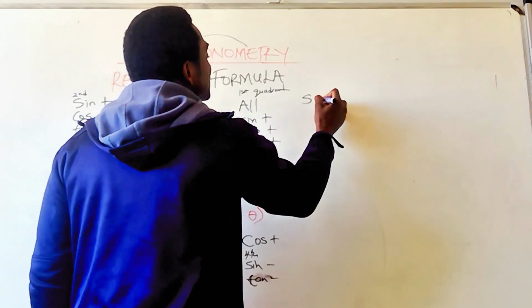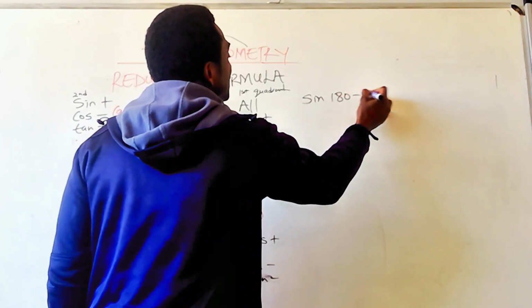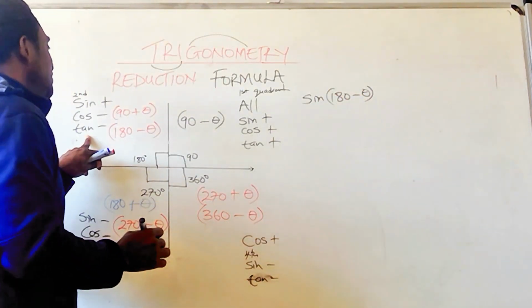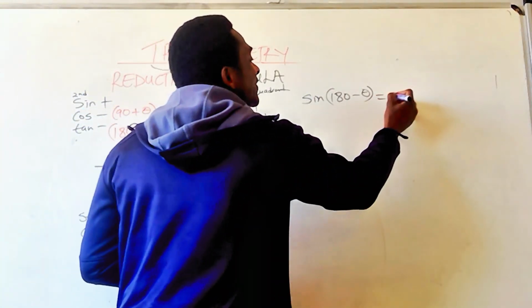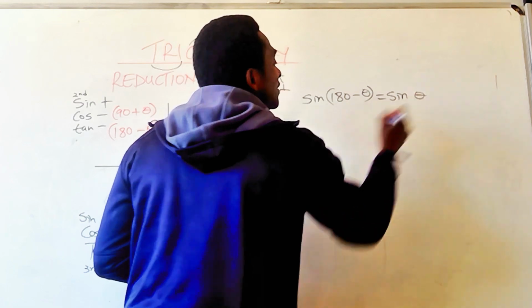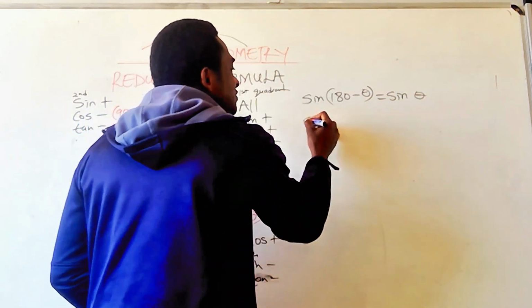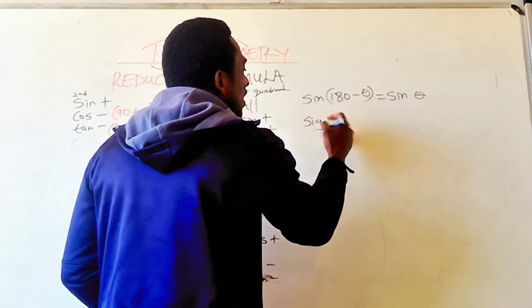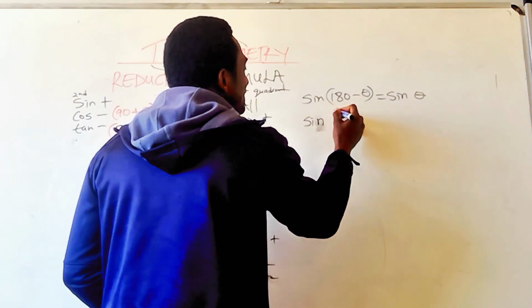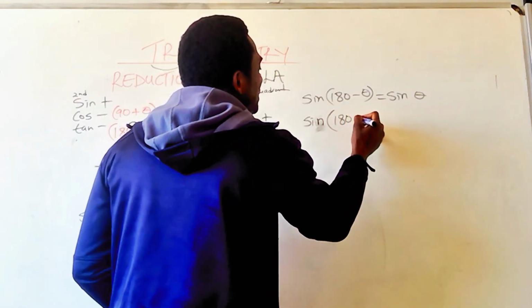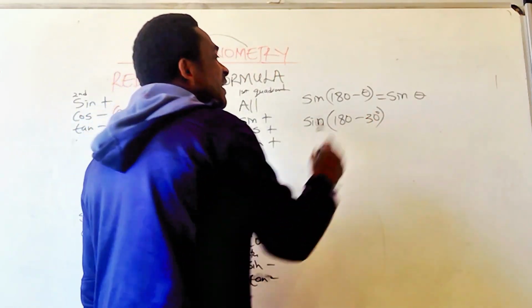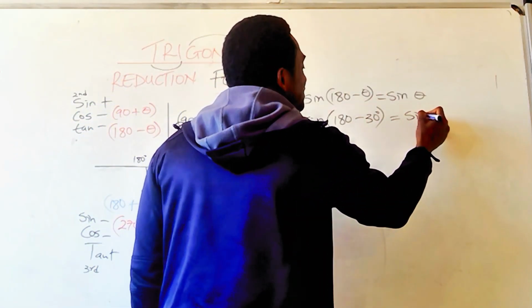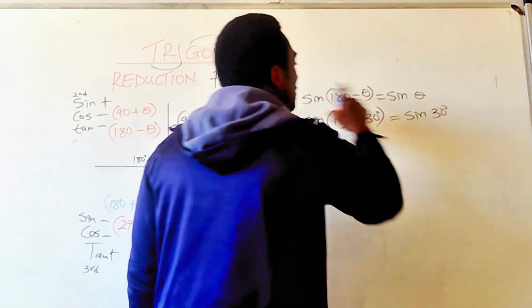Let's look at sine of 180 minus theta, which is in the second quadrant. Sine is positive, it is not a cofunction, so it returns its value. To be sure, if we have sine of 180 minus 30 degrees, it is sine of 30 degrees by the formula.